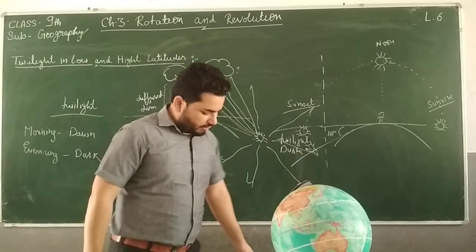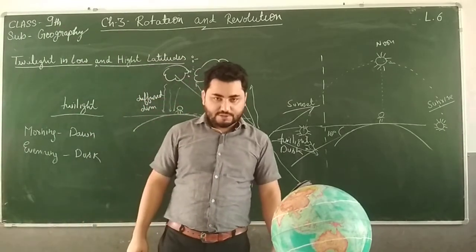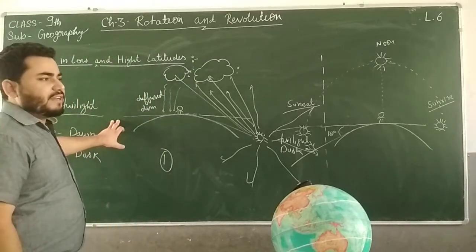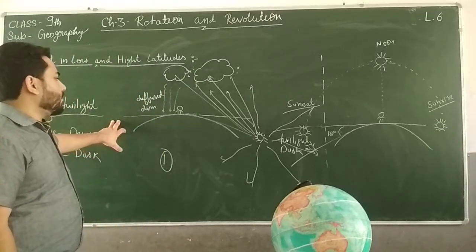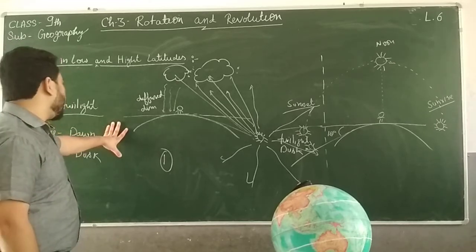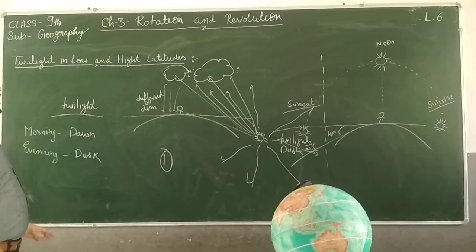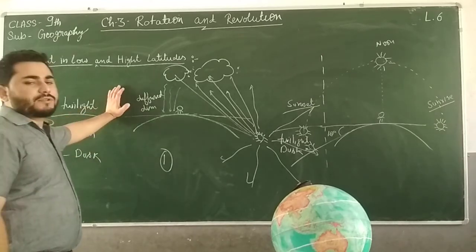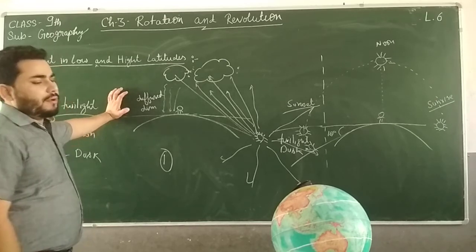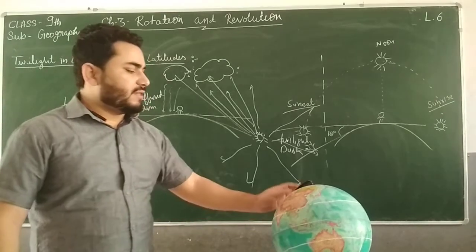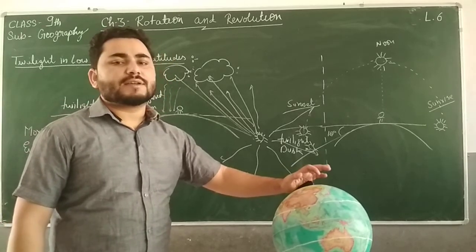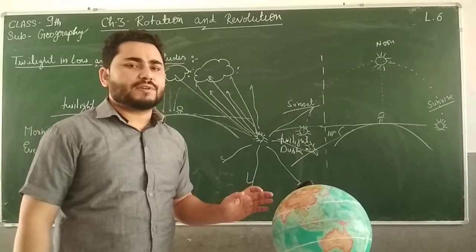So that was all on twilight in low latitudes and high latitudes. In low latitudes like the equator or 10 degree, 20 degree, 30 degree, the twilight is of very short duration, maybe 1 hour, 20 minutes, like that. And as we move towards the pole, the duration of twilight becomes longer, and these areas, especially the region near the Arctic Circle, receive diffuse light most of the time.